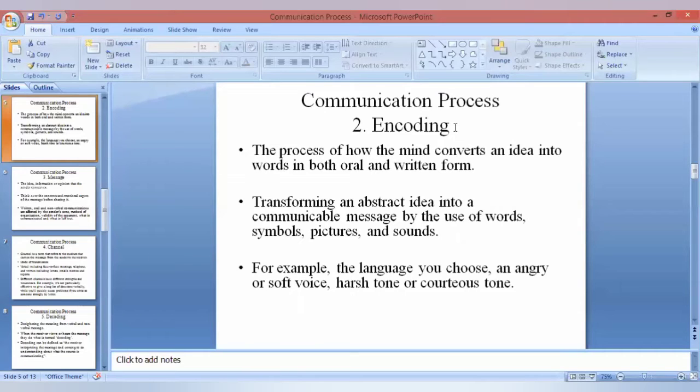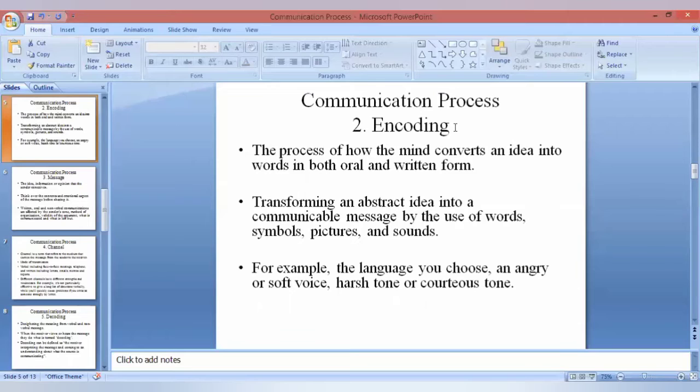And it is also defined as transforming an abstract idea into a communicable message by the use of words, symbols, pictures, and sounds. This is very clear because I explained it earlier. As for examples of the encoding process, you choose language. The idea is there in your mind.